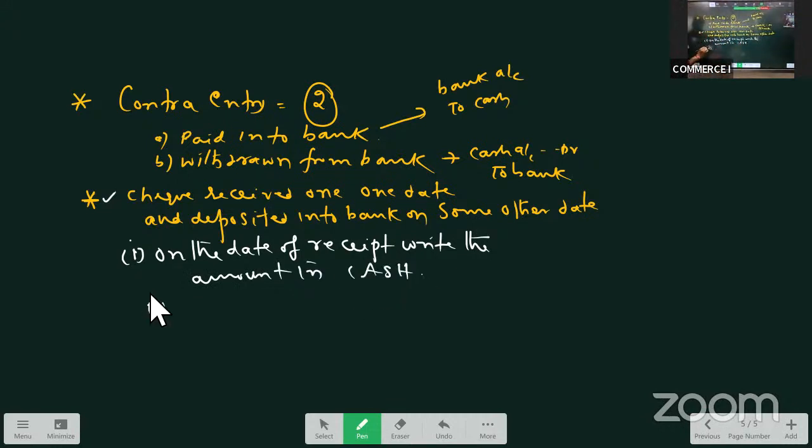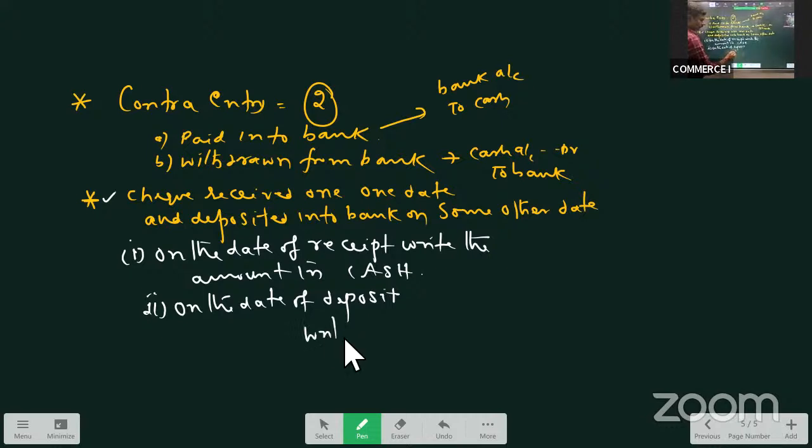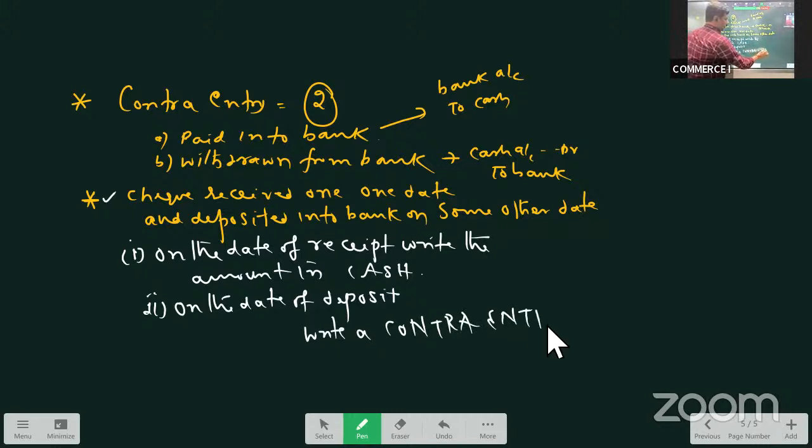And then on the date of deposit, as in the last two problems we did, write a contra entry.